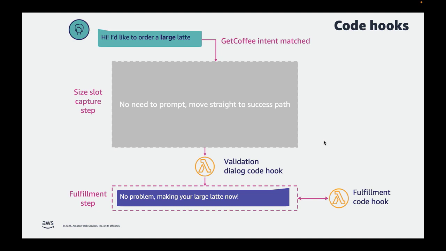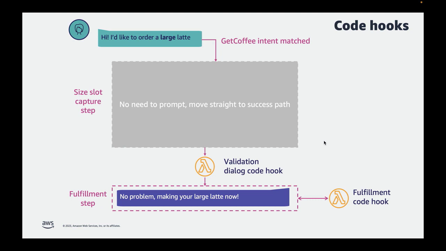And so we will move straight out into the success path and into the validation Lambda. And then we'll finally go to the fulfillment step. And so we have now not hit any elicitation code hooks because those happen within that slot. The user was never prompted. They gave it in their first utterance.